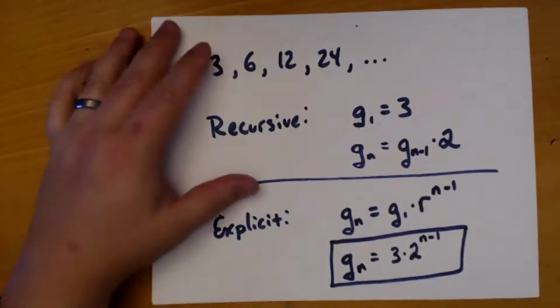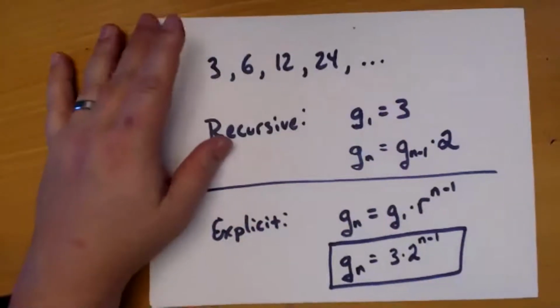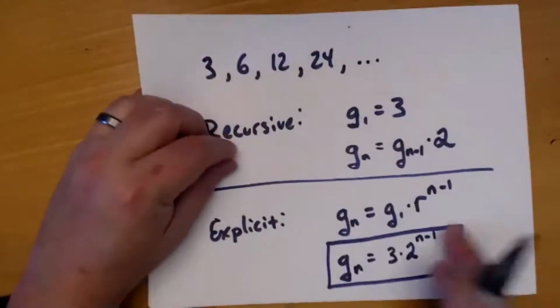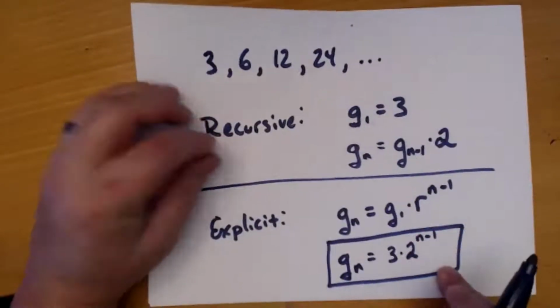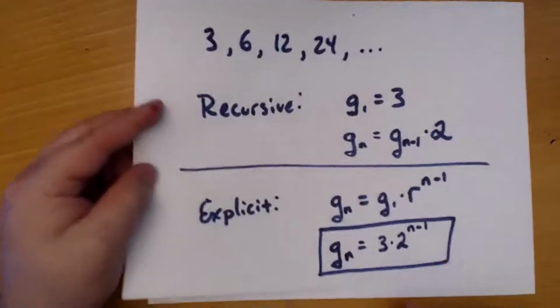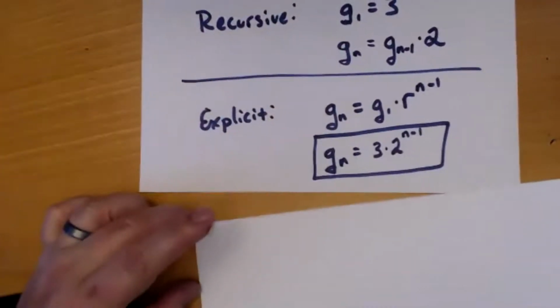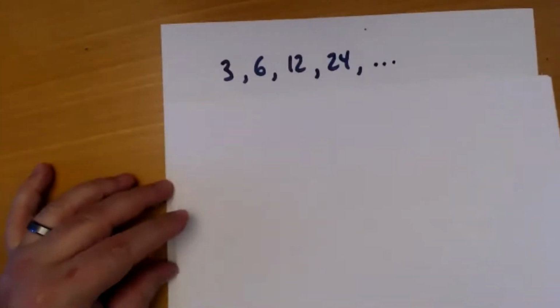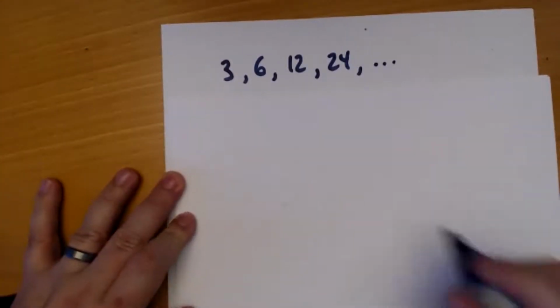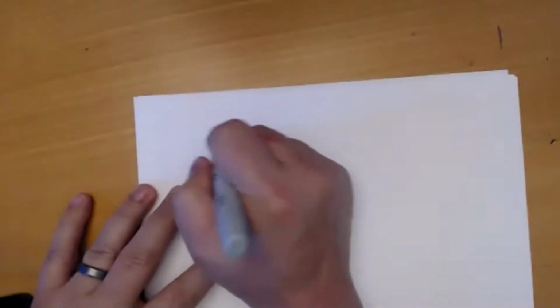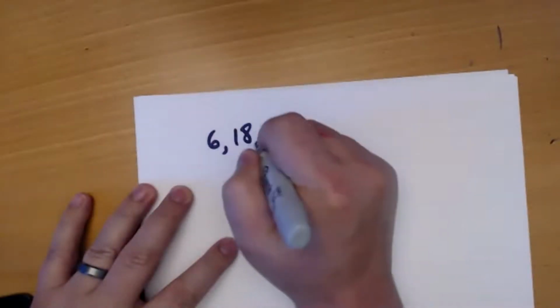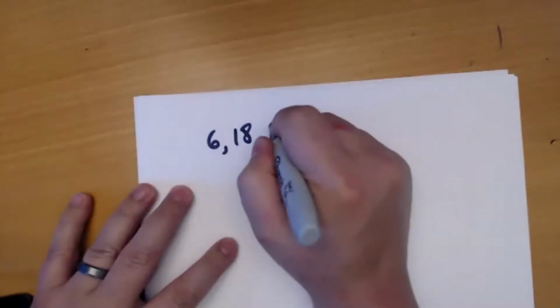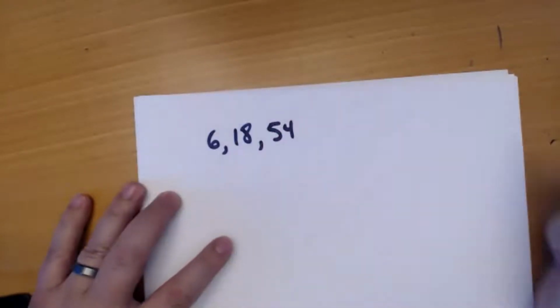Now, I will say that for some of these, there's an alternate way of writing this, which sometimes is a little bit cleaner. Let me just give you a different formula so that you can kind of see what I'm talking about. Let's do this sequence: 6, 18, 54.